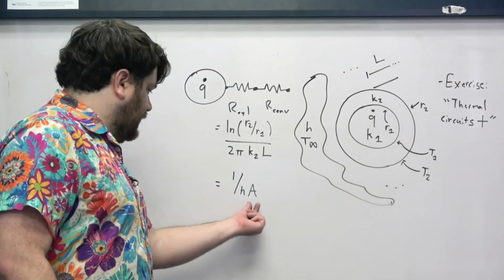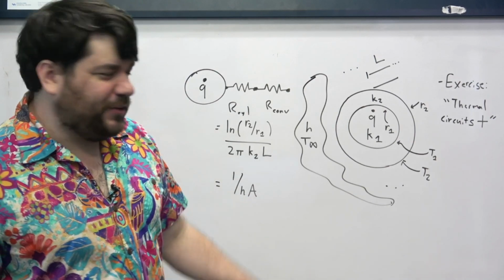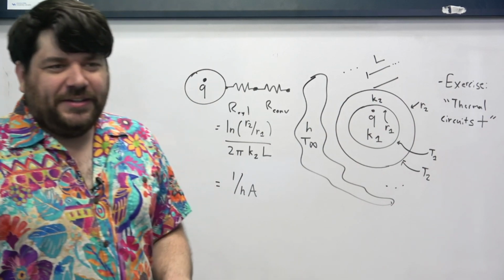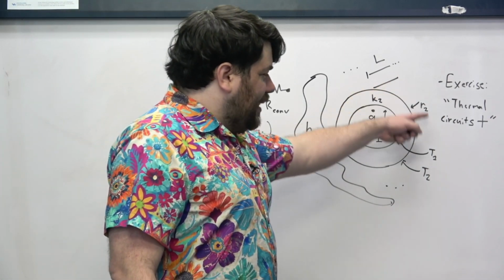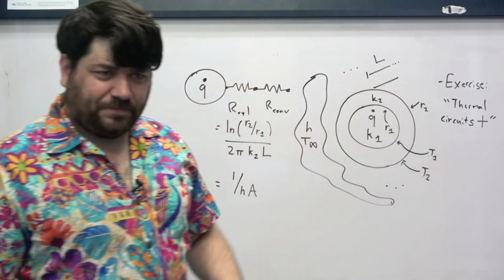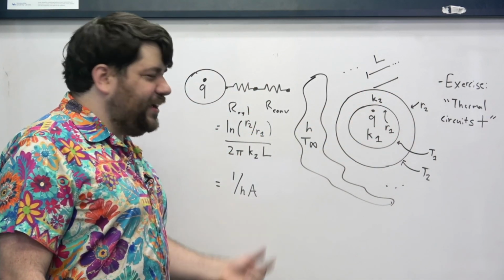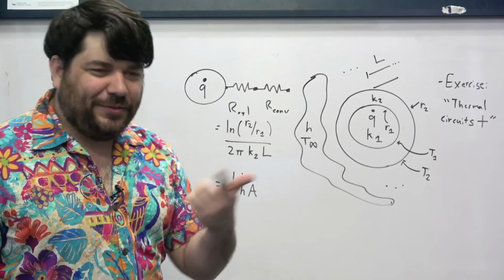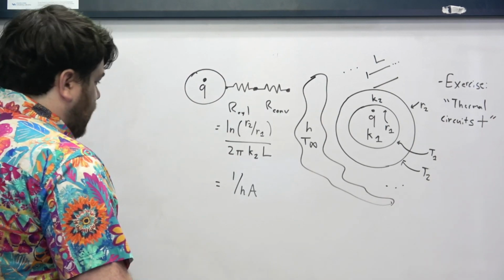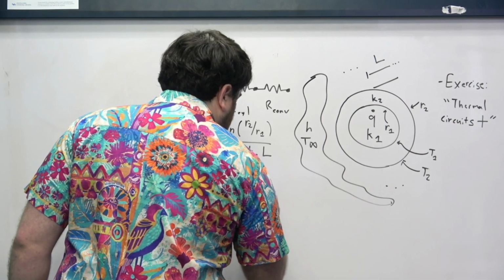But what is this surface area, right? We're not told what the surface area is. And once again, assuming that this is one-dimensional heat transfer, that all of the heat transfer happens on this curved outer surface, then this area is just the curved portion of the surface area of a cylinder. And what is that? Well, we had talked about it before.